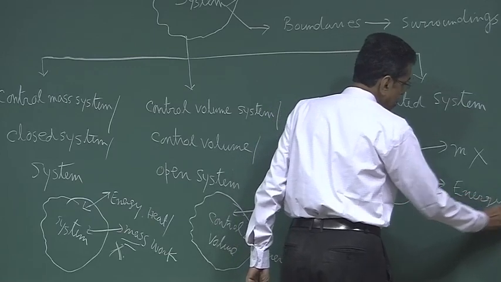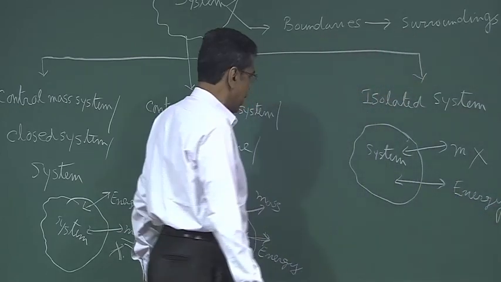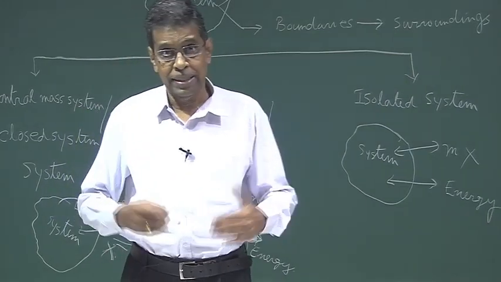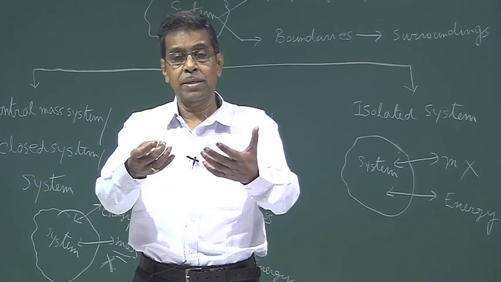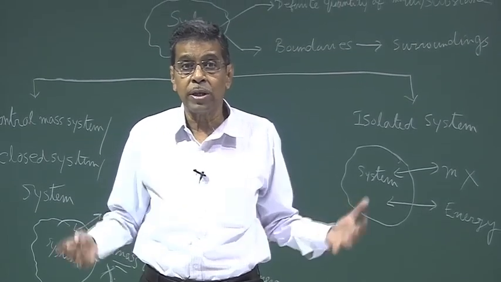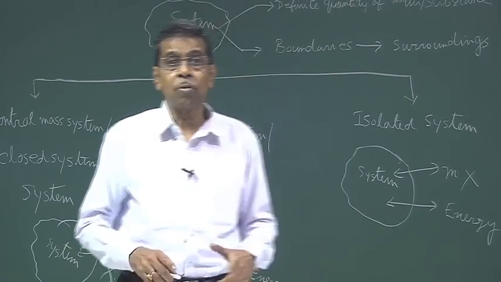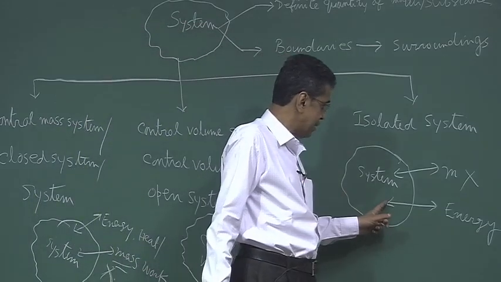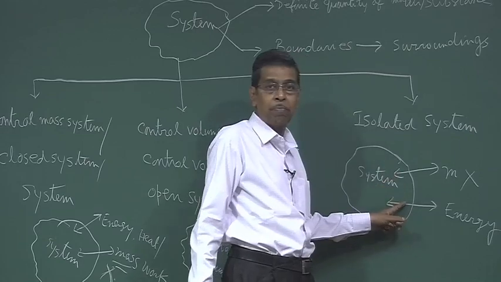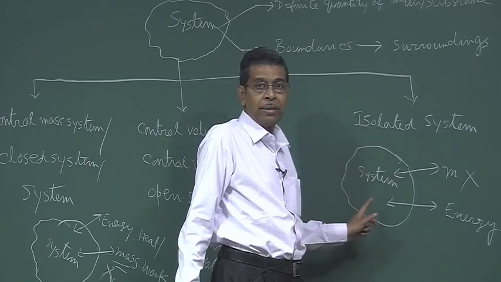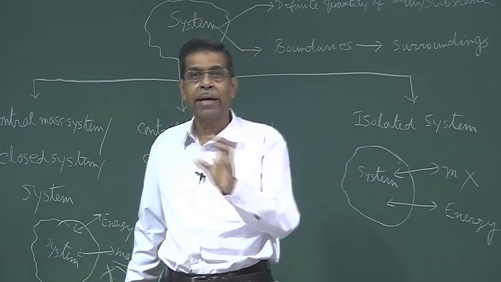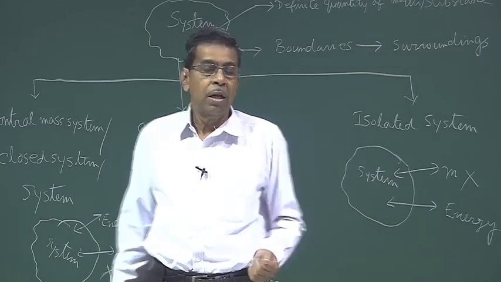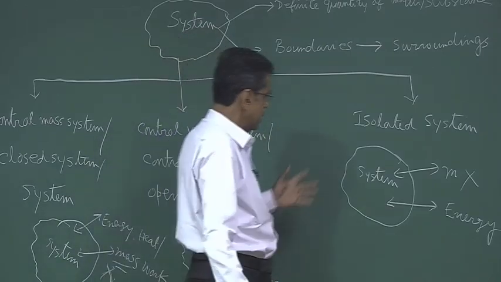Energy transfer can take place, as I told earlier, in the form of work and heat between a system and the surrounding, or between two interacting systems, only in the form of heat and work, which you will know afterwards. So these energy interactions and mass interactions are both not permissible by the system boundary. That means the system remains isolated. It cannot interact with its surroundings or with any other systems close to it.